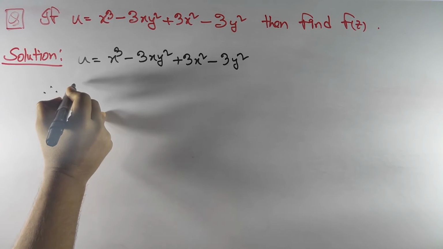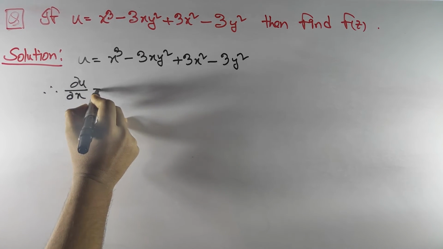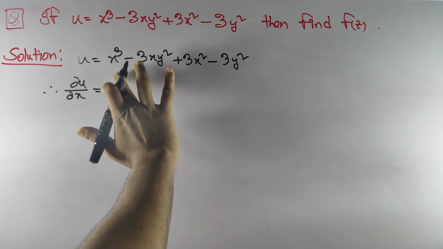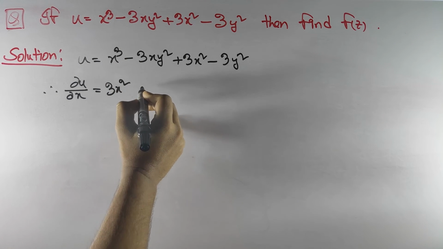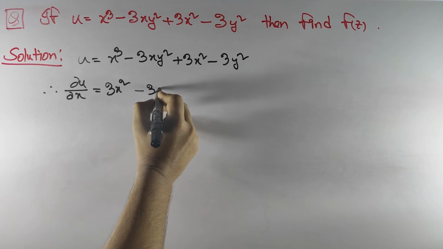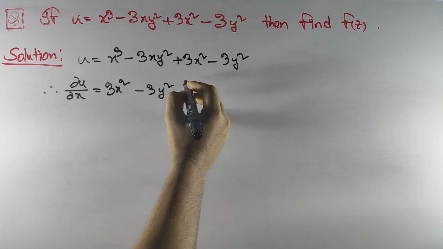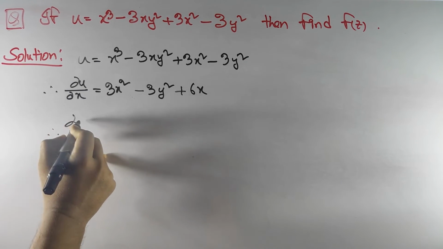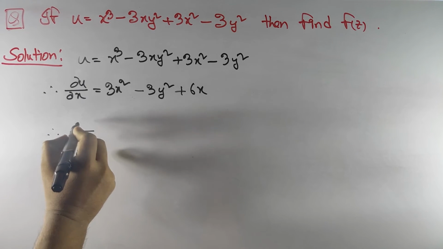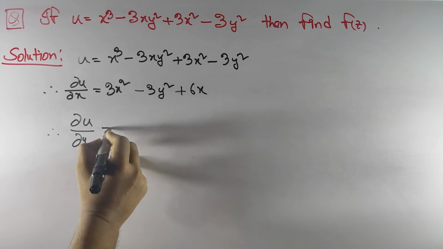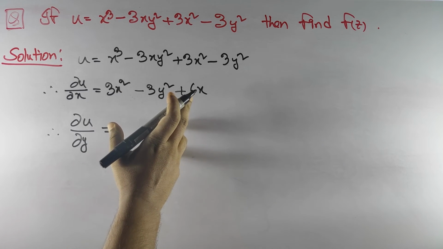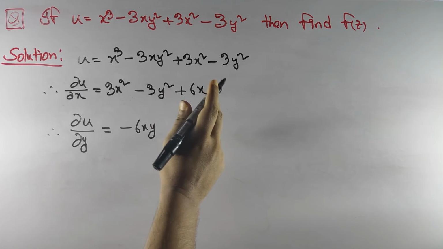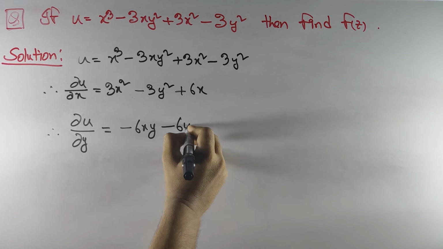So del u del x will be 3x square minus 3y square plus 6x. Okay, then del u del y is equal to minus 6xy and minus 6y.